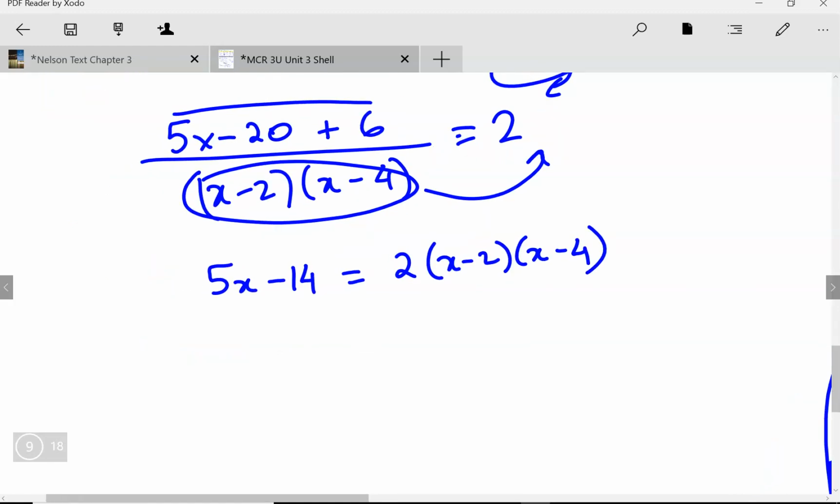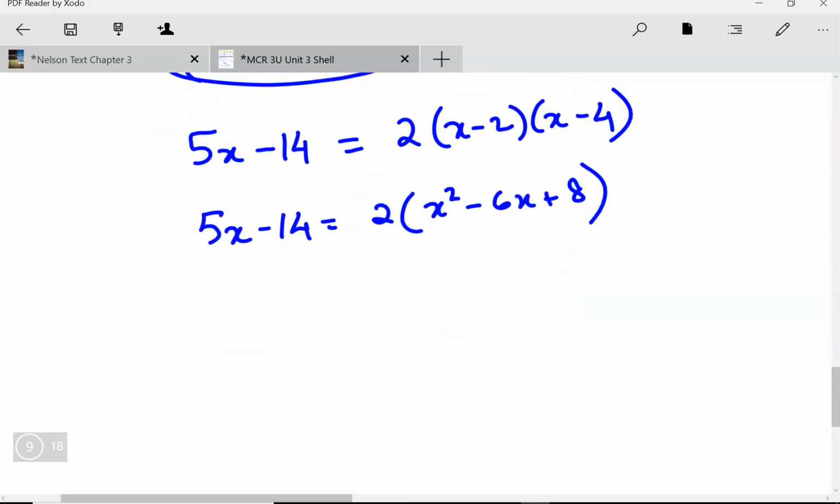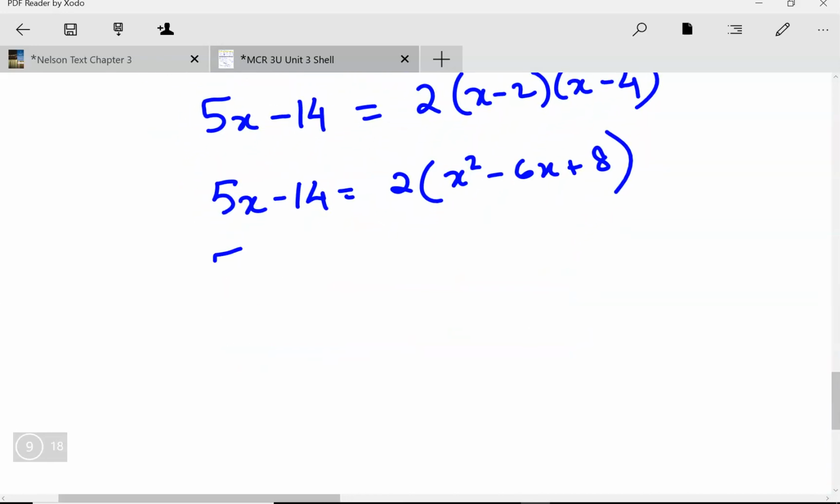And so after this, it's just fairly straightforward. We rearrange everything and then we set it to 0 and use our usual completing the square method. I already know what x minus 2 times x minus 4 is because I had previously factored that. So this is just going one step back temporarily because I do have to multiply all of this by 2, giving 2x squared minus 12x plus 16.